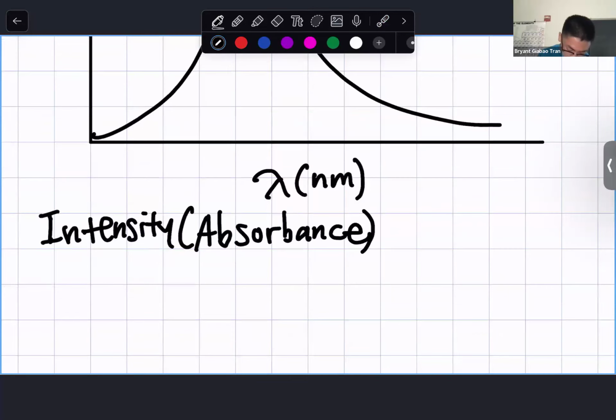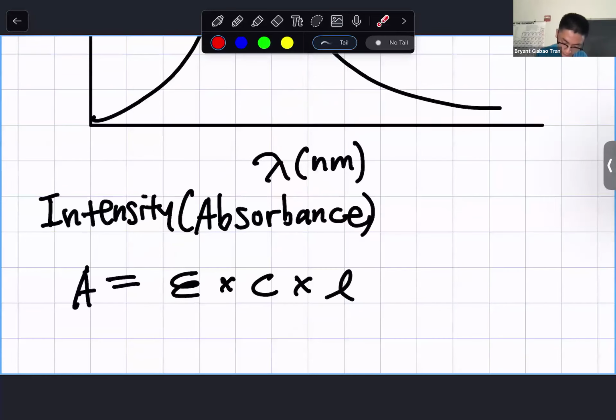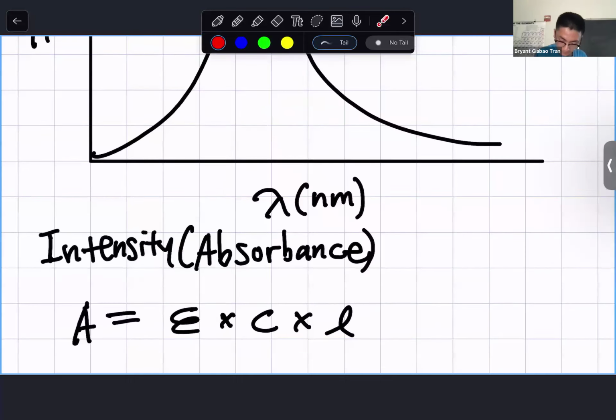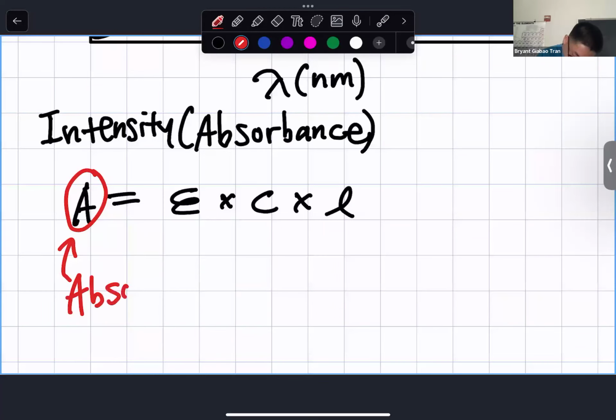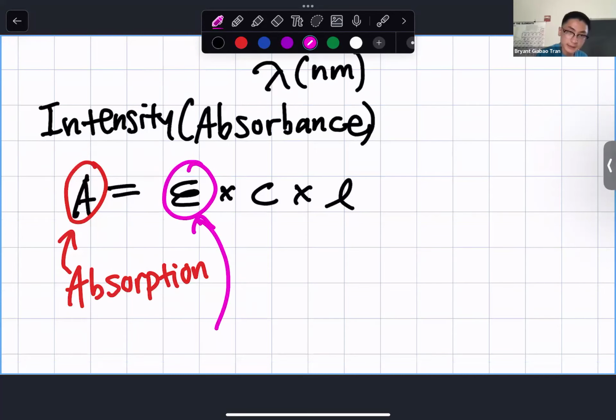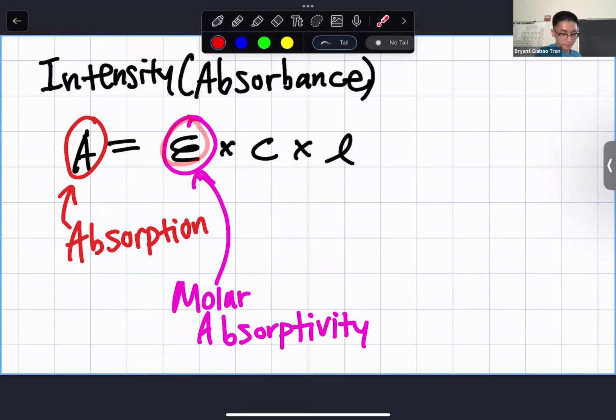There is an equation for that, which is A equals epsilon times C times L. Where A is absorption. Epsilon is molar absorptivity. This epsilon here is different for each molecule.